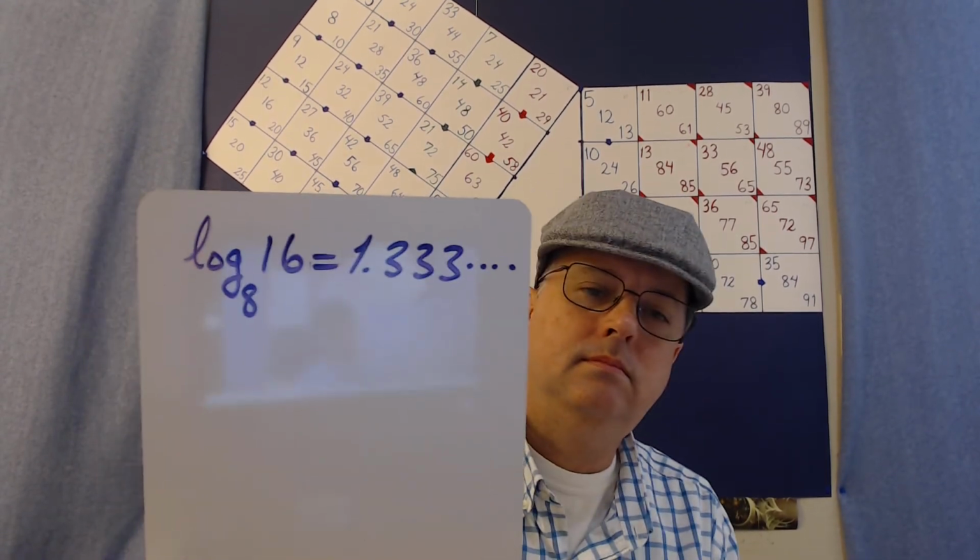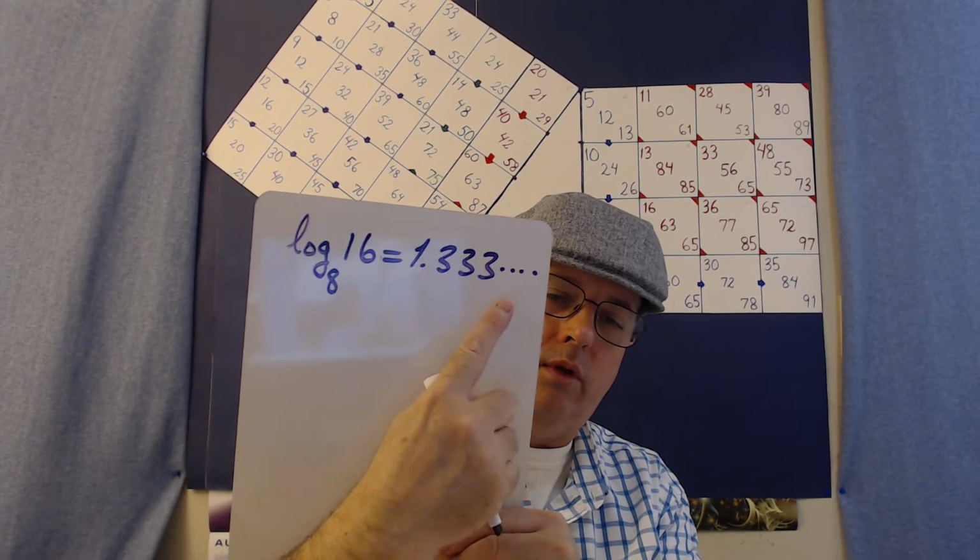Don't they sometimes give us these decimal answers? Like, what is the log base 8 of 16? Well, if you put that in your calculator, you might get 1.333, repeating like this. And that's what 4/3 is, right? 1 and 1/3. That's the same as 4/3.